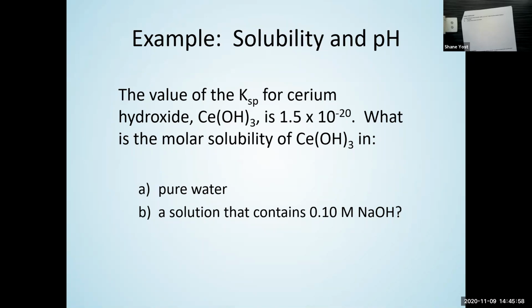Here's an example of a salt or weak base, cerium hydroxide, that has an equilibrium constant of 1.5 times 10 to the minus 20. We can look at what the solubility of that salt is in water versus in a solution that contains 0.1 molar sodium hydroxide.